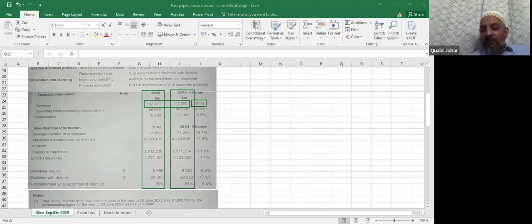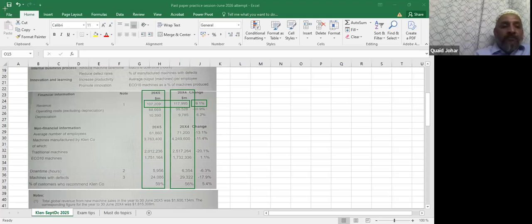And it can also happen that if you are gaining profits, others would have gained a lot more than you. So it's important that you compare with external parties as well. It's not enough that you compare with your previous year figures or your budgets. You should compare with external data as well. That's what is also required in this question regarding financial information.